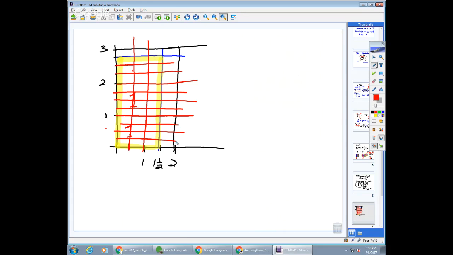Okay, so let's see. If I come across this way, I have 1, 2, 3 columns, right? I'll do this in 2 different ways. If I come this way here, I have 4 and 4 is 8, 9, 10, 11 rows. So my yellow shaded region has 33 little pieces in it right now.